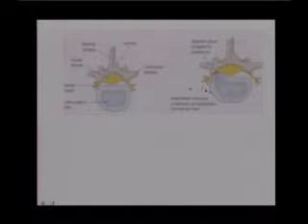Now if we look at this picture, look how this gelatinous disc has squished out, and it's pushing on a spinal nerve. I often think of it as being kind of like a jelly sandwich. So you've got the vertebrae being each of the slices of bread, and the jelly in between is this gelatinous mess like your disc.